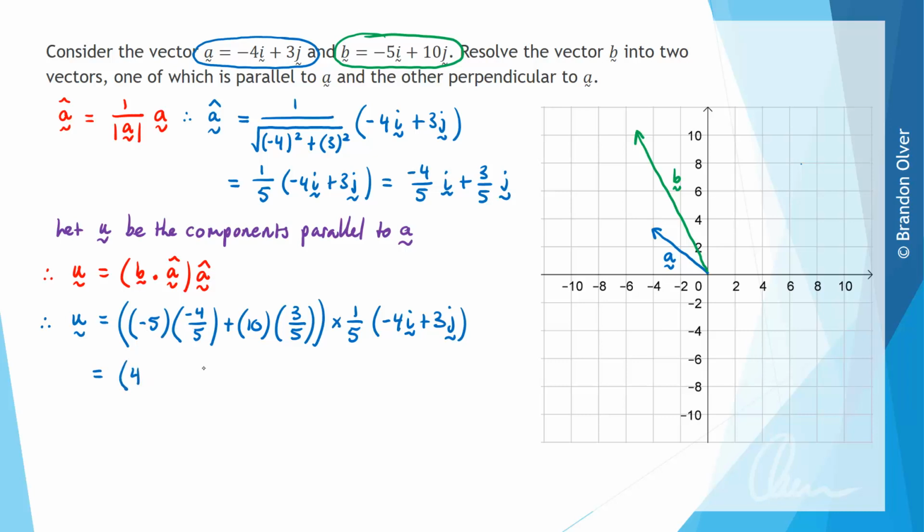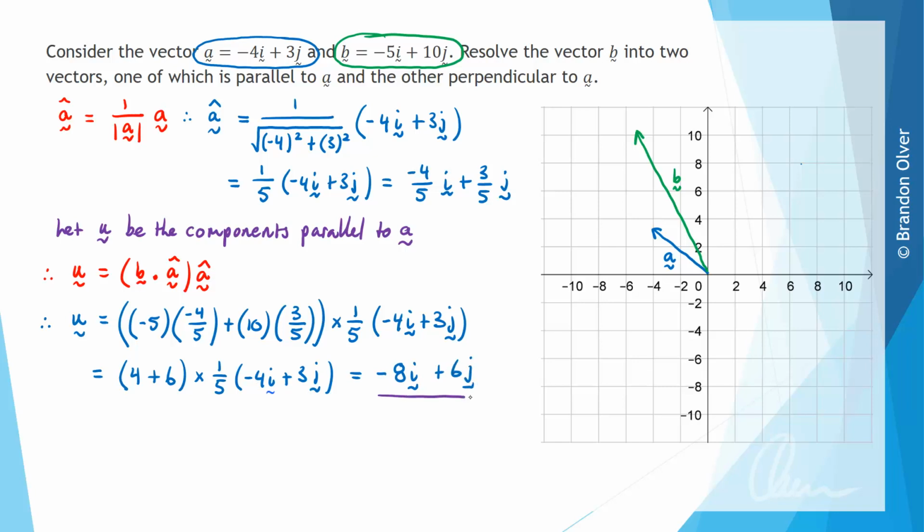So we have 4, and then 10 times 3 over 5 simplifies down to plus 6. And then we're still going to multiply that by 1 on 5 times minus 4i plus 3j. And again, we can simplify that down, because 4 plus 6 is 10 times a fifth is 2. So essentially this is just 2 times the vector A, which is minus 8i plus 6j.